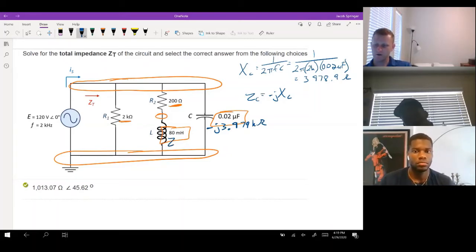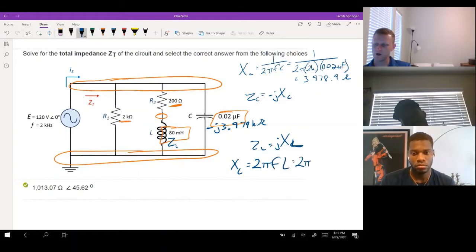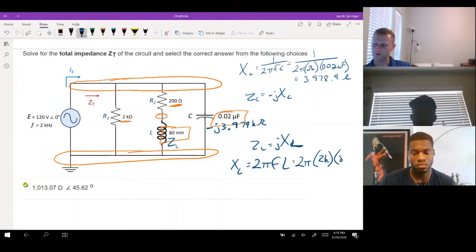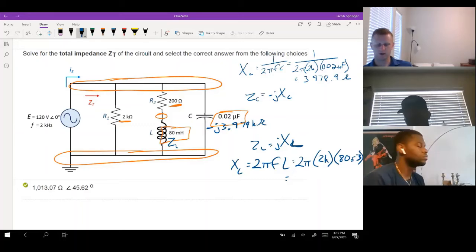The Z of the inductor over here, right? ZL is positive j X of L, or X sub L. X sub L is 2 pi FL. 2 pi, 2 kilohertz, L 80 e negative 3 is how I would type that into my calculator: 2 pi times 2000 times 80 e negative 3.